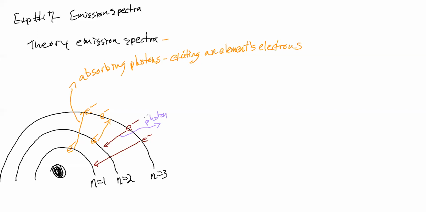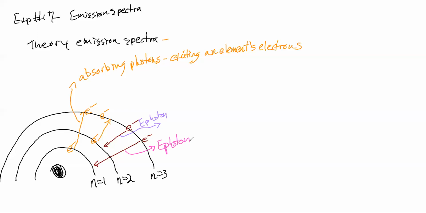Now that photon will have a specific energy that's tied to that gap in energies between each of those energy levels. So n equals 3 to n equals 2 has a different photon than that of n equals 3 to n equals 1. So when we do that for an element, we can see different bands of light that might get released by these emission processes.